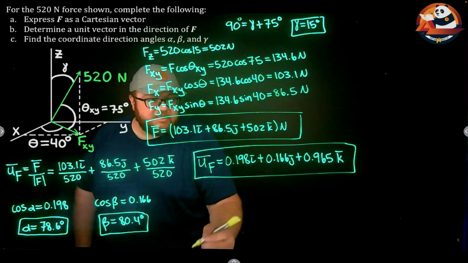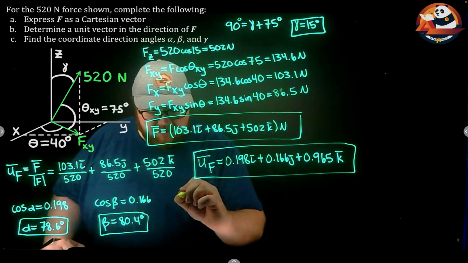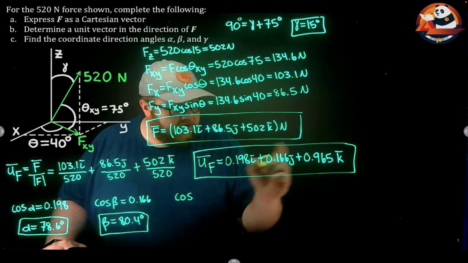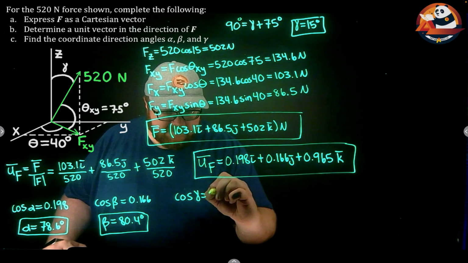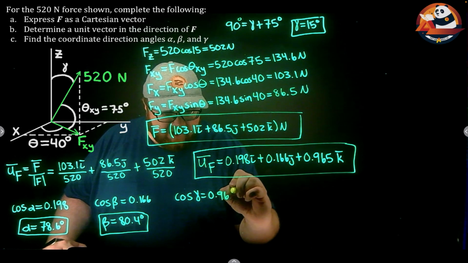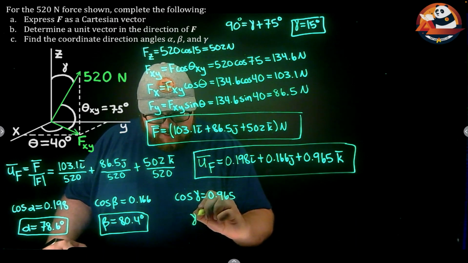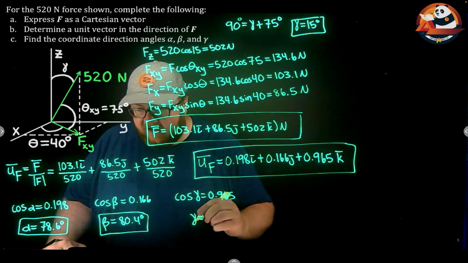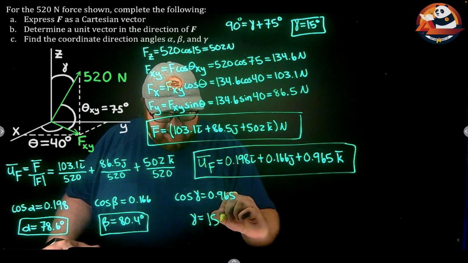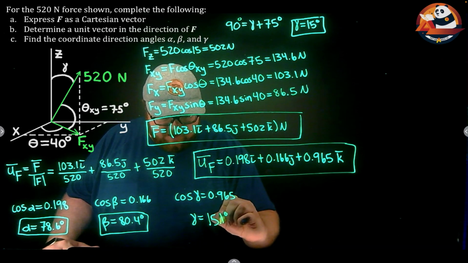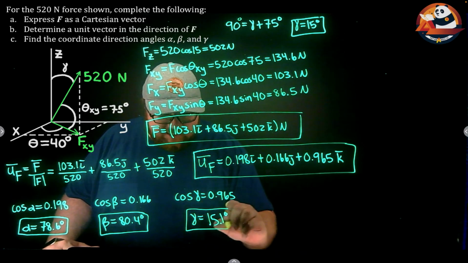And finally, my last one, the cosine of gamma equals 0.965. Taking the inverse cosine of 0.965, we'll get that gamma is 15.1 degrees.